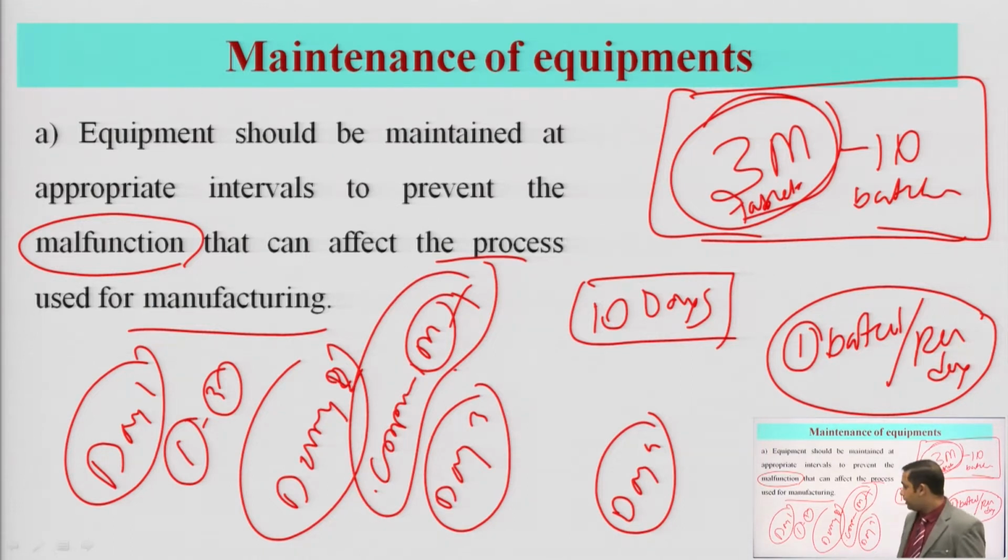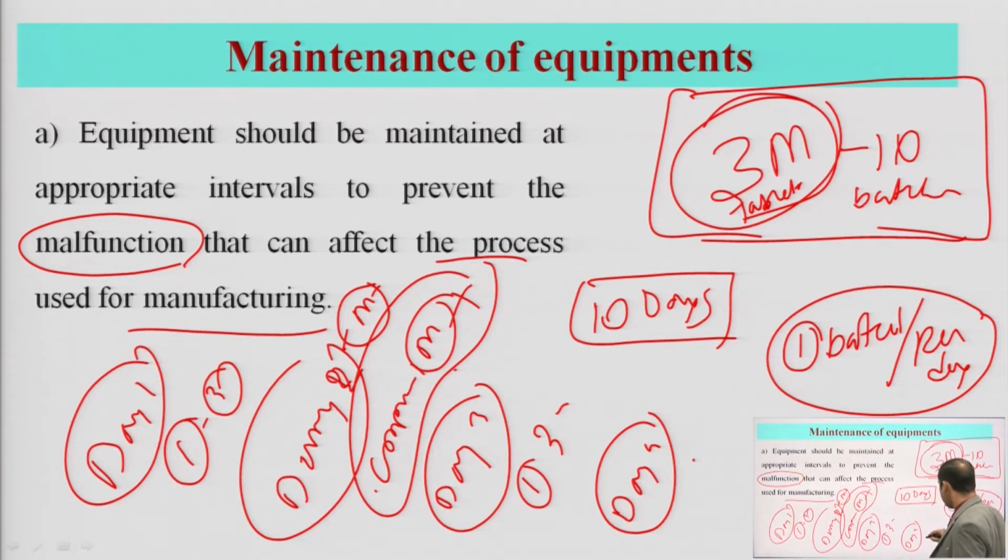At that time you have done some maintenance activity, you have corrected your compression machine, and on day 3 you have produced another batch of 3 million. Day 4 it worked very well, day 5 also went very well, day 6 you have worked, and day 7, day 8, day 9 and day 10, everywhere it has worked very well.